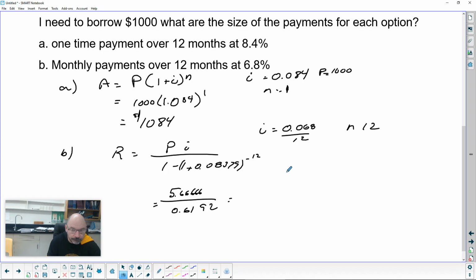No, that's because this one is 0.0056 repeating. That's what our interest rate was. I had the wrong one in the bottom.